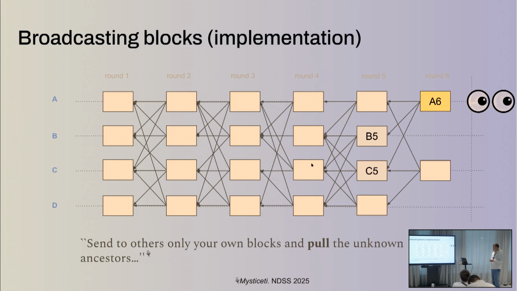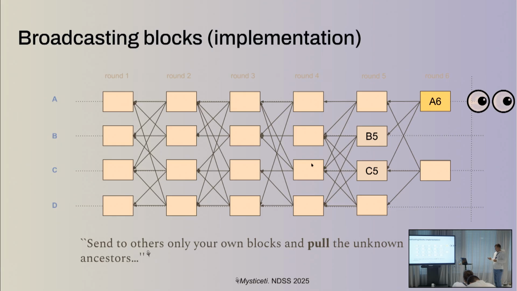When Mysticeti was implemented, they kept in mind how certified DAGs like Bullshark were implemented. They implemented precisely in this way, using a pull strategy. But in the pull strategy for certified DAGs, you have a quorum of nodes for every block who have this block in the local DAG, because you have these certificates. And it was much less of a problem for certified DAGs when you implement a pull strategy.